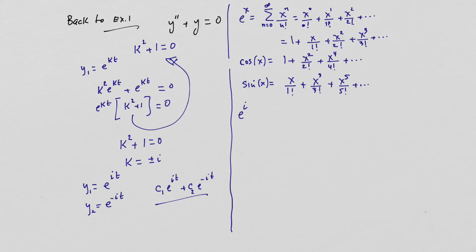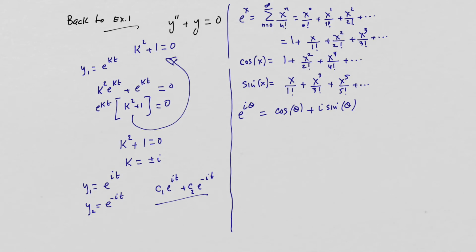Okay? And what you also did was e to the i x, or i t, or i theta, equals cosine theta plus i sine theta. Okay? This is called Euler's formula.